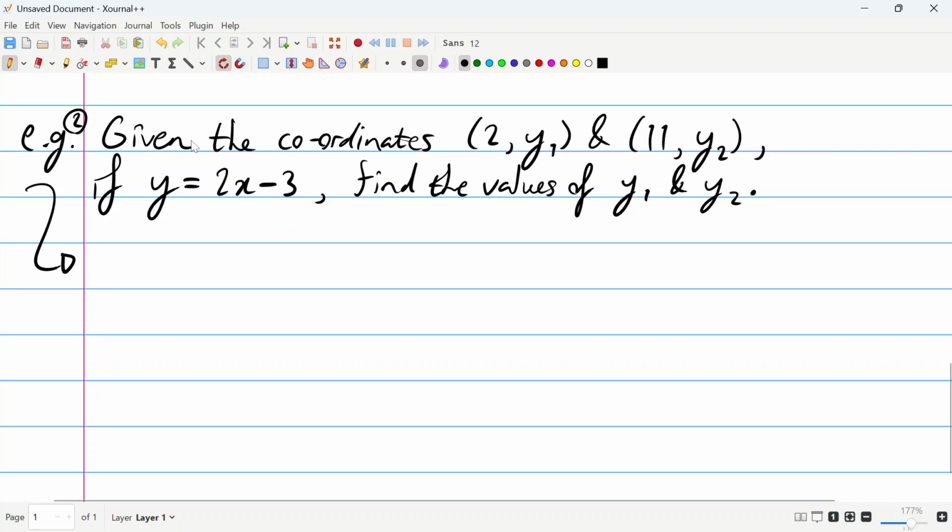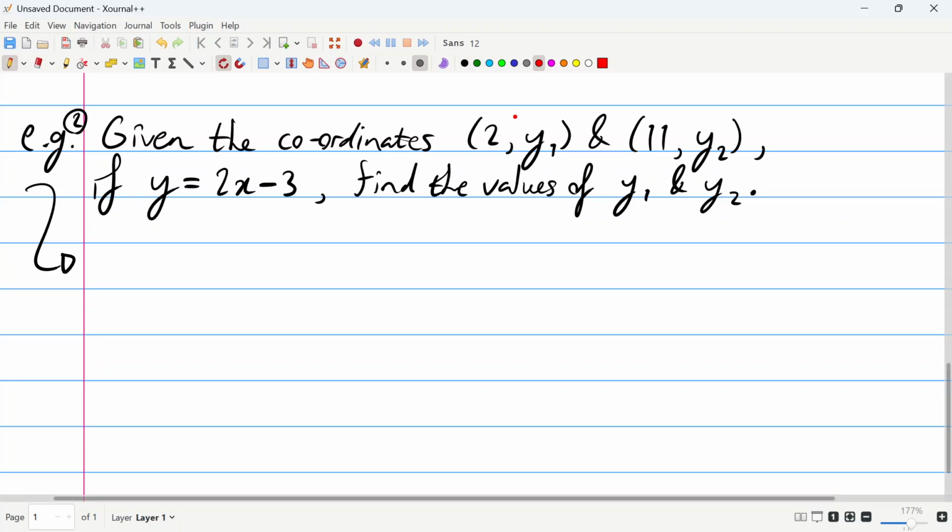So let's read the question. Given the coordinates (2, y1), okay, and (11, y2), if y is equal to 2x minus 3, find the values of y1 and y2. So let's think about it this way, right? Notice that the coordinates are usually in the form of x and y. Same with this one, x and y, unless otherwise stated.